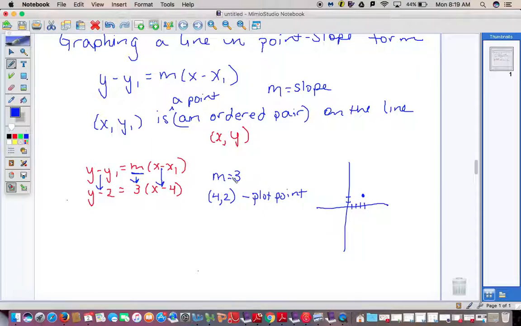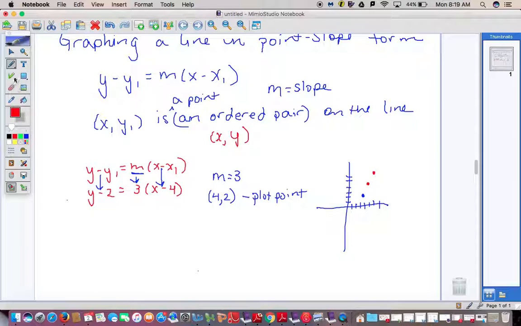And now we have a slope of positive 3. From that ordered pair of 4, 2, we are going to count up 3, so 1, 2, 3, and to the right 1. And then from here, we could go up another 3 and to the right 1.